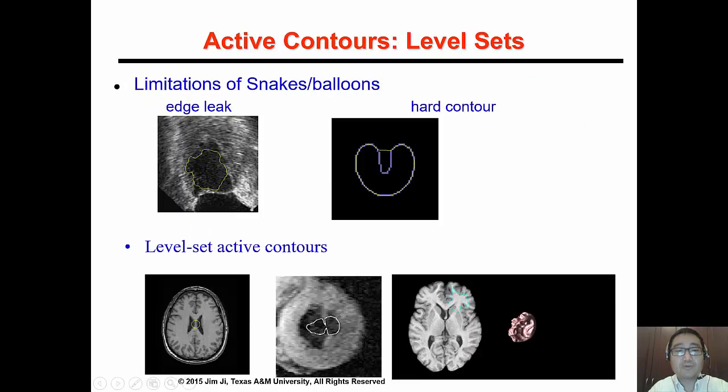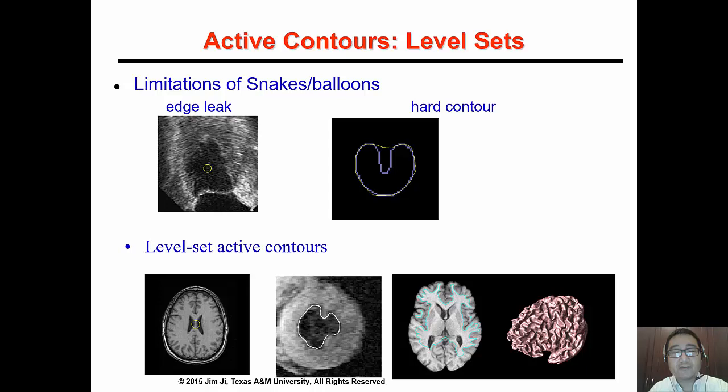A very well-known algorithm to apply this kind of template matching is active contour. In the late 80s, this algorithm called SNAKE was introduced. It's a contour that can change its shape to match the shape in the images.